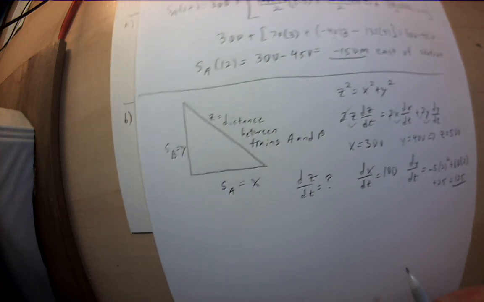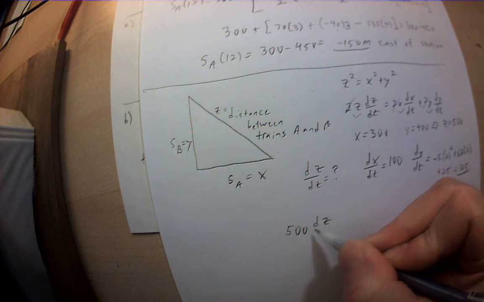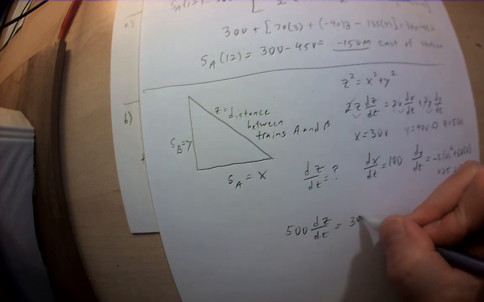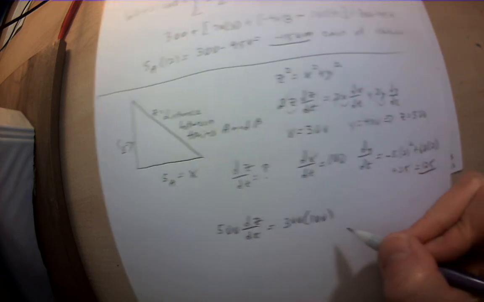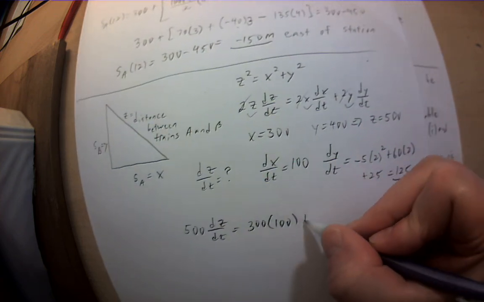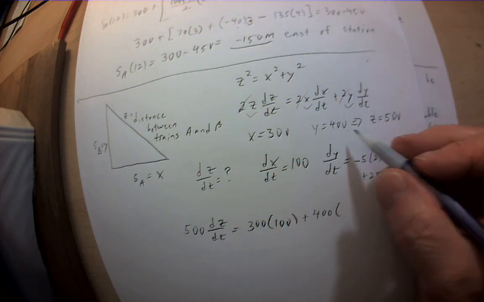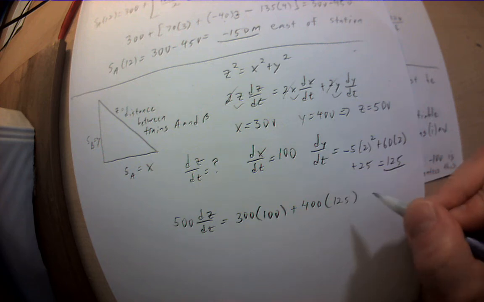I'm going to plug everybody in. So I get 500 times dz/dt equals 300, which is x, times 100, which is dx/dt, plus 400, which is y, times dy/dt, which is 125.